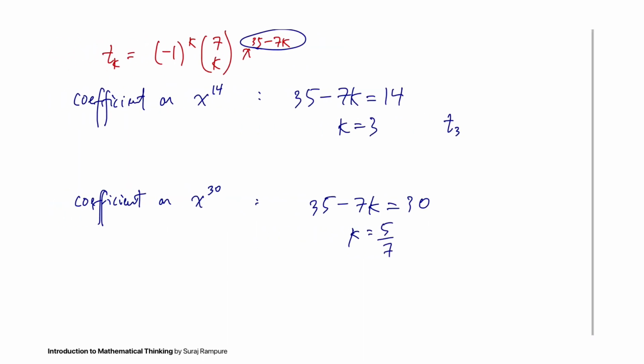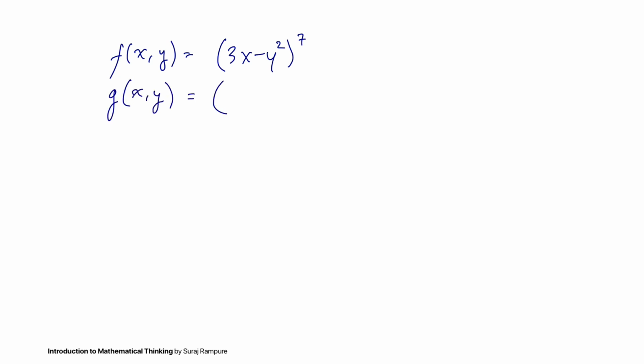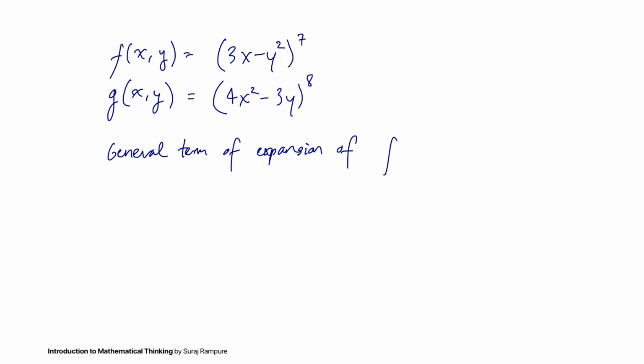Okay, so the last thing I wanted to look at was, suppose I had two expansions. So I have, like, f(x,y) equal to (3x - y^2)^7, and g(x,y) equal to (4x^2 - 3y)^8. What's the general term of the expansion of f(x,y) times g(x,y)?